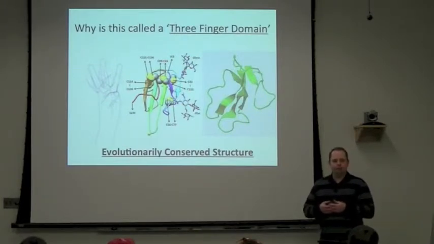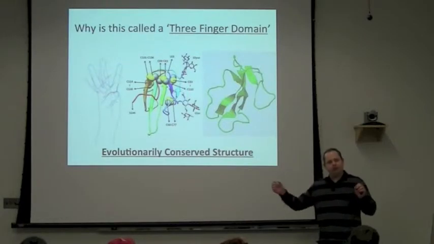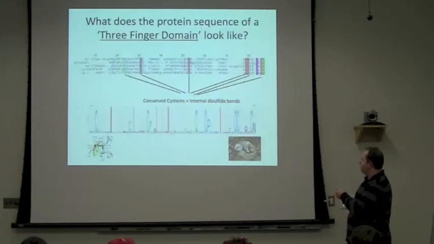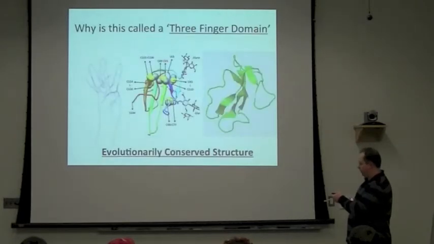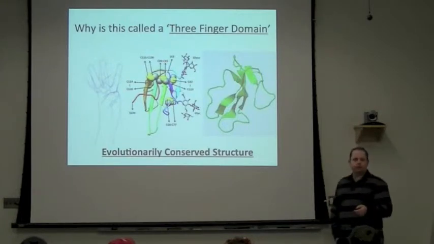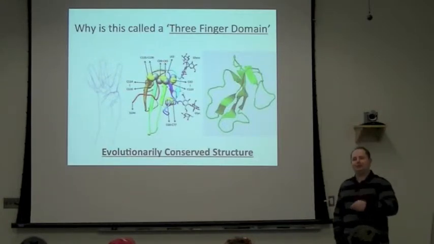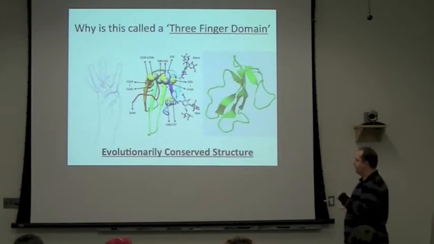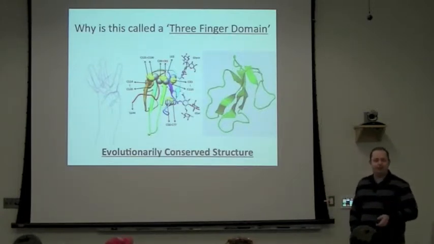That's the glue. These cysteines are spaced across the domain so that when they come together, they fold and create these three loop structures. And those have been termed fingers. Other structures in structural biology are called fingers, and they're not simple loops like this, but in this case, it's actually pretty simple to understand.